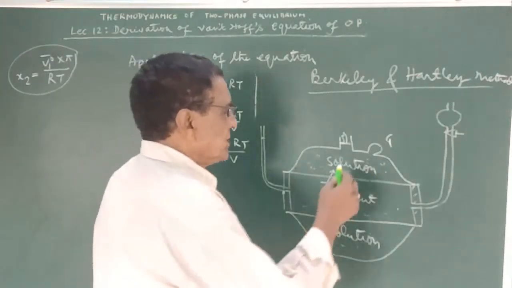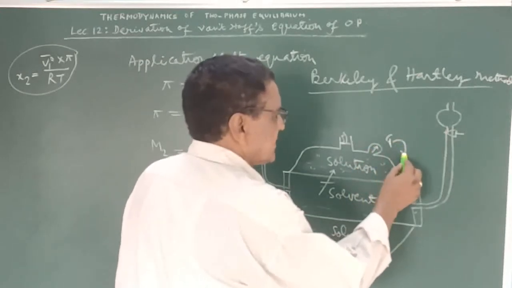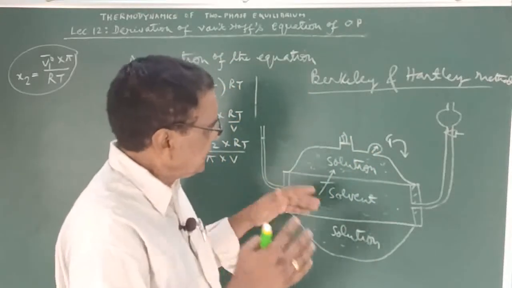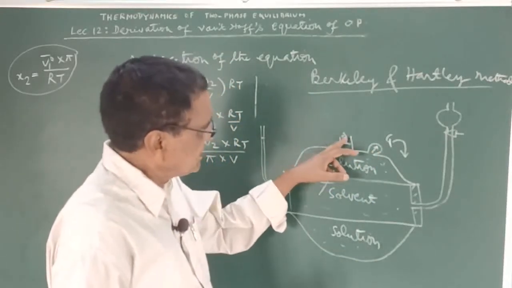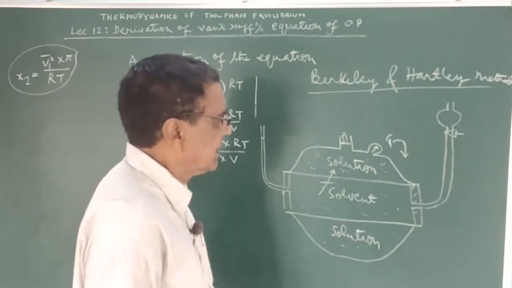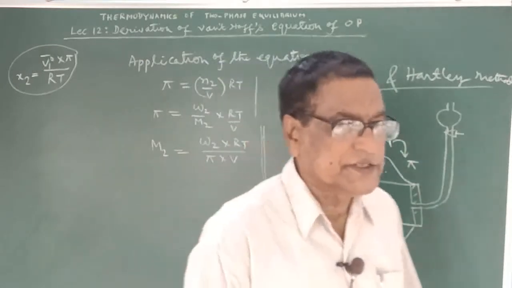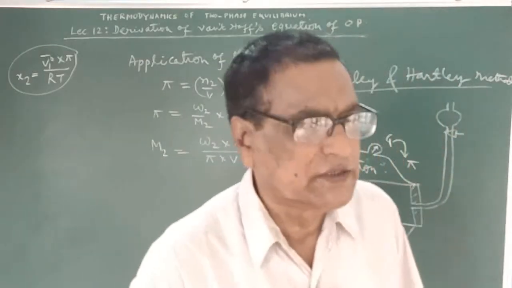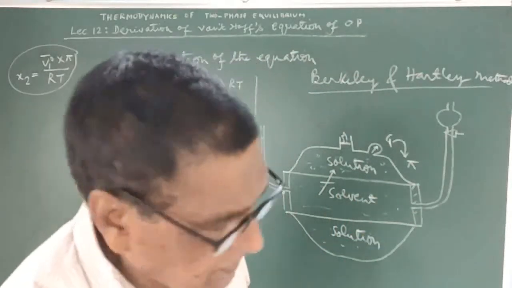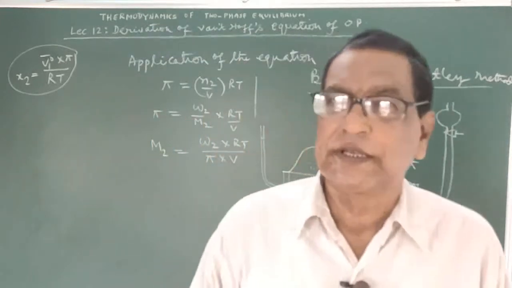So the pressure gauge measures the additional pressure added on the solution side, and this one is the pi. So the experiment is very simple and very quick, and the solution is not diluted.